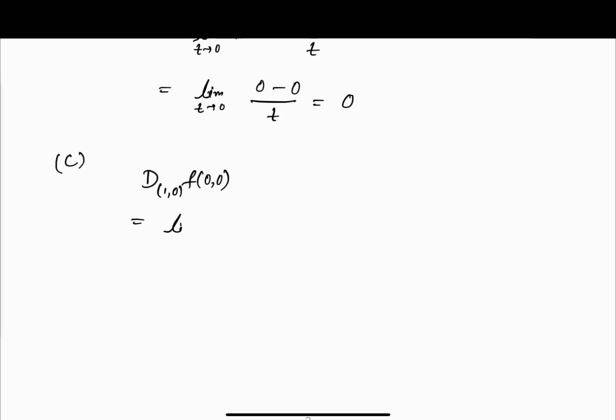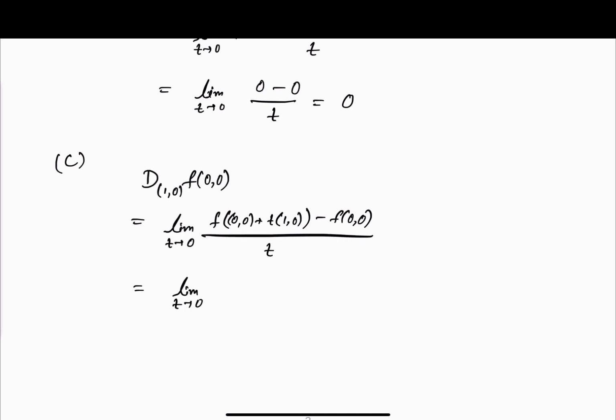By definition, this is the limit as t tends to 0 of f of ((0, 0) plus t(1, 0)) minus f of (0, 0), divided by t. Again, if you calculate this, you will get 0 minus 0 by t, so again this is 0. So this directional derivative we get is 0.